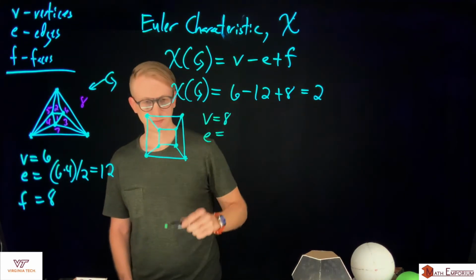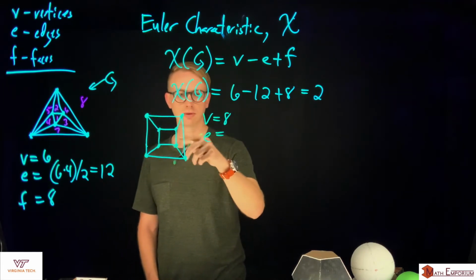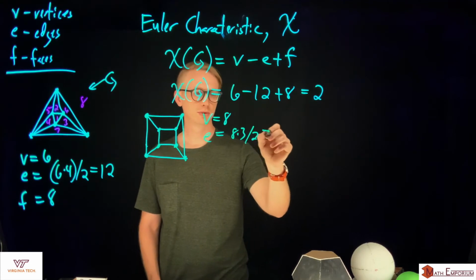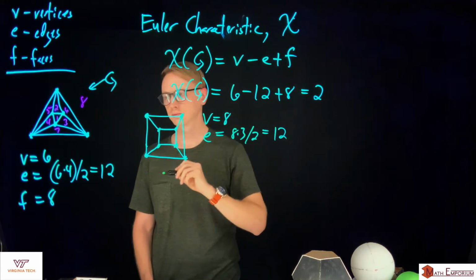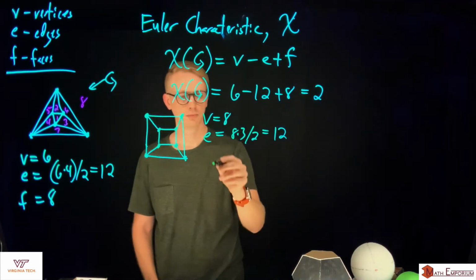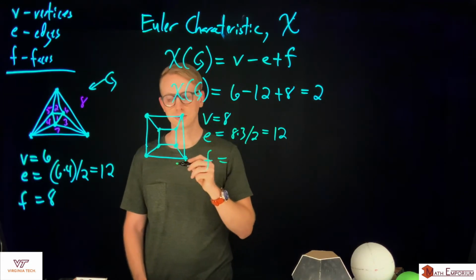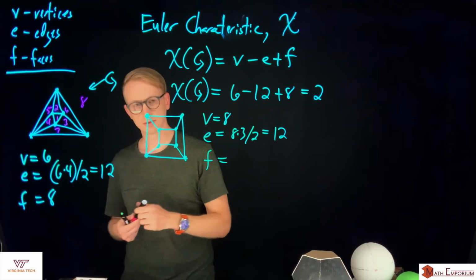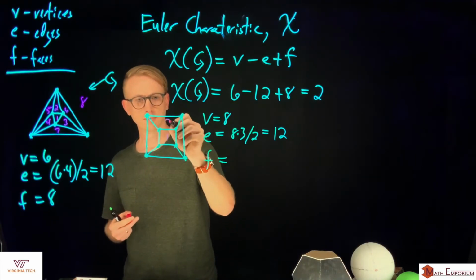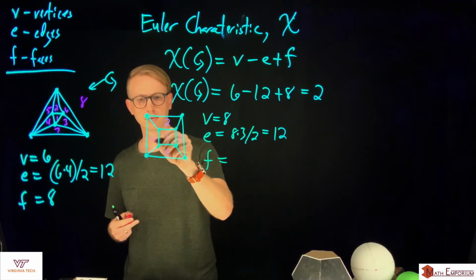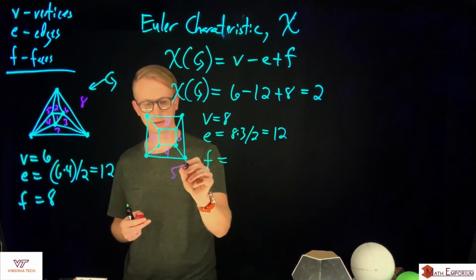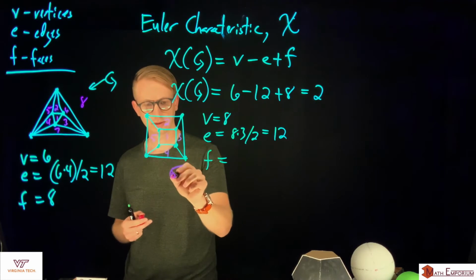Edges: I do the sum of degrees thing. So 8 times 3 is 24, divided by 2, I get 12. 12 edges, very similar to this thing here. In faces, remember, a cube has 6 faces, so it's harder to forget. You wouldn't say a cube has 5 faces. A cube has 6 faces. So I turned it into a 6.